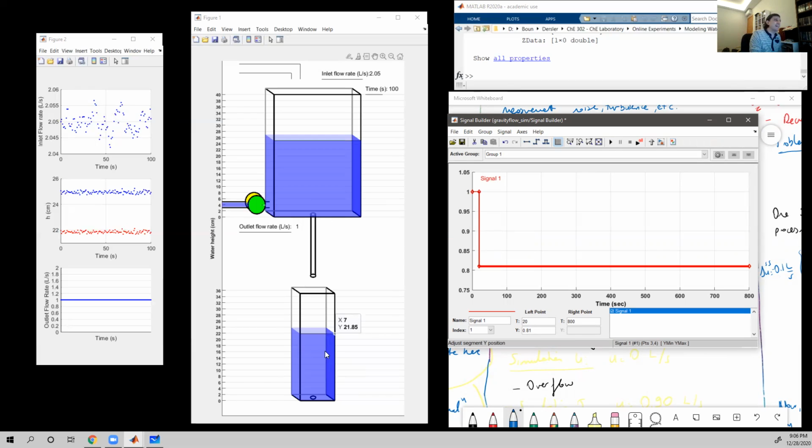First of all, we should realize something even before the magnitude of the change: the sign between the change in the outlet flow rate and the water level here. When we increase the outlet flow rate, this water level will go down, right?